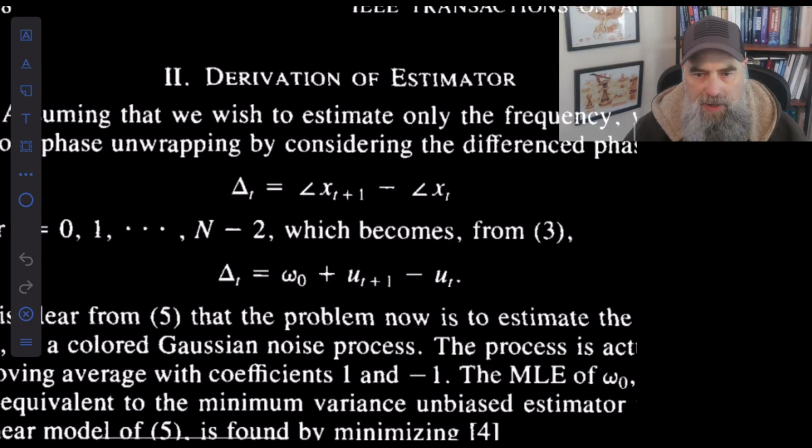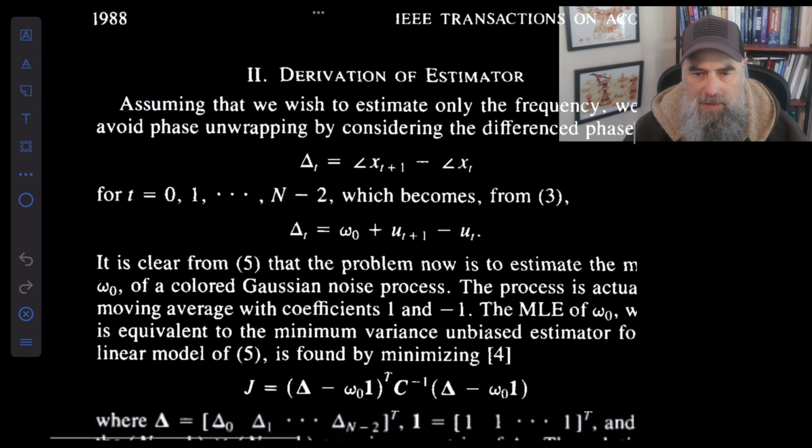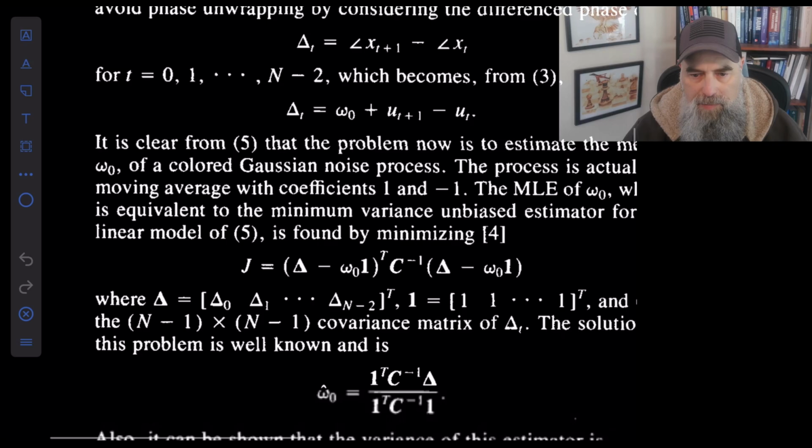There. If we take the difference between these angles, we will see that we have omega 0, the parameter we wish to estimate, and noise. These two noises together is a correlated Gaussian process.